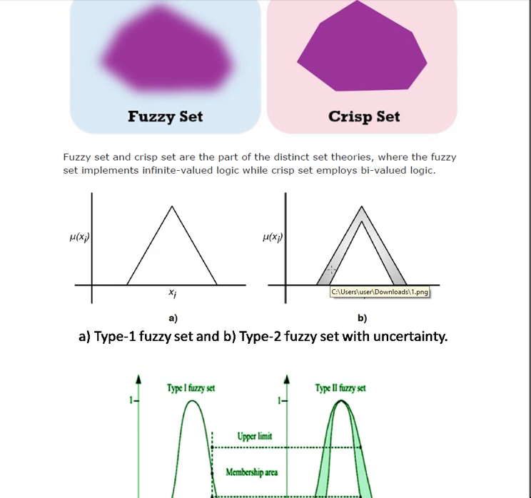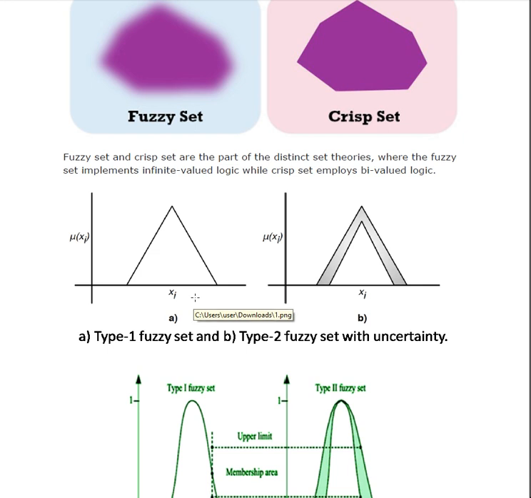So symbolically, to distinguish between the type 1 and the type 2 fuzzy set, under this particular notation, say we define A with a tilde on the top of it, or a bar on the bottom of it, which represents the fuzzy set.